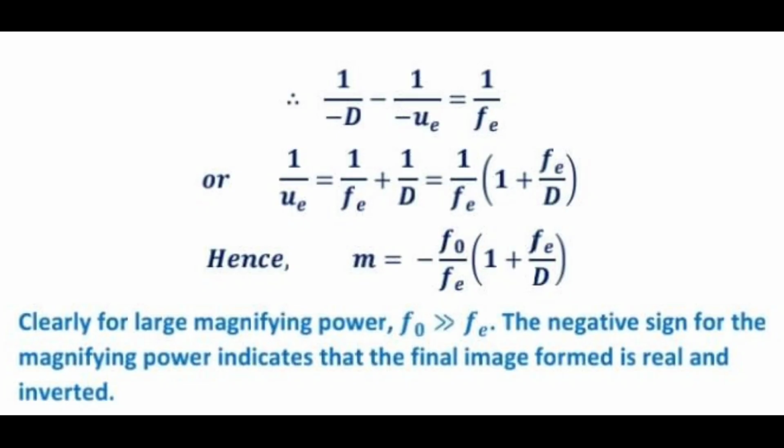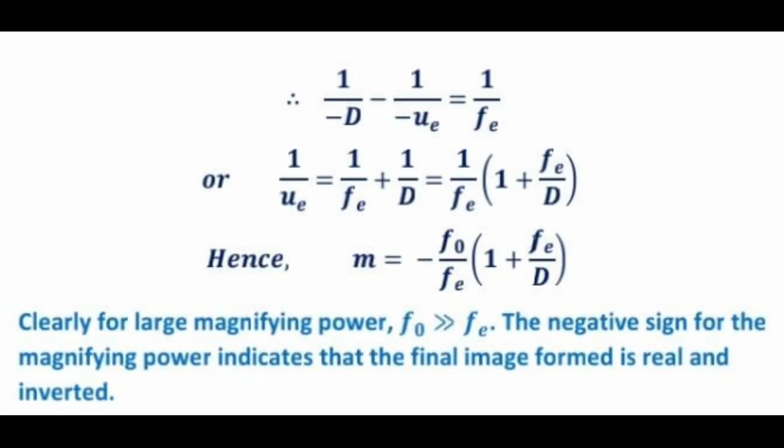We have to calculate the answer for the magnification, and we get that magnification is equal to minus f_o over u_e in our previous slide. So just put the value of u_e in terms of f_e.